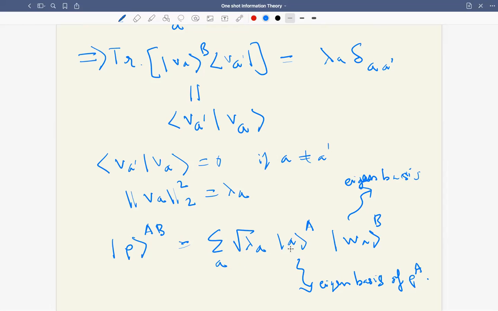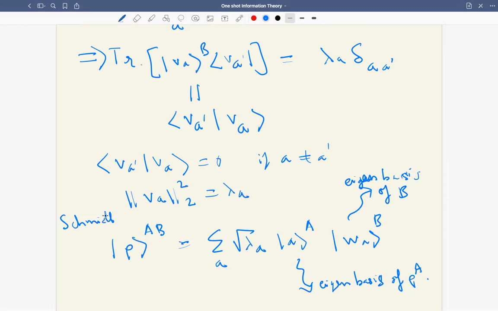There is a bijection between the eigenvectors of A and the eigenvectors of B, the map A to WA. With respect to this pairing there is this decomposition, and the corresponding eigenvalue comes out. This is a very important algebraic and geometric property of a general state in a tensor product space, and it goes by the name of the Schmidt decomposition.